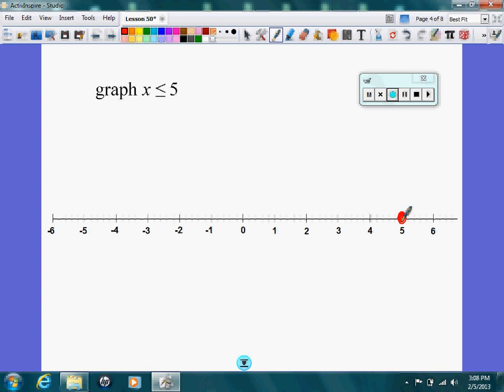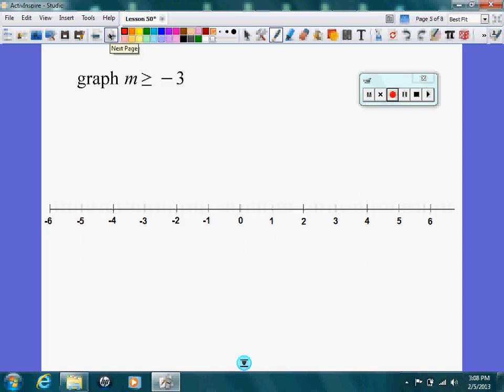And what is it? Less than? So it's less than, so it points to the left. Okay, if it had been greater than, it would have pointed to the right. Is 4 less than 5? Yes. Is 6 less than 5? No, 6 is more than 5. So it has to point this direction. What about 4.9? That's less than 5.